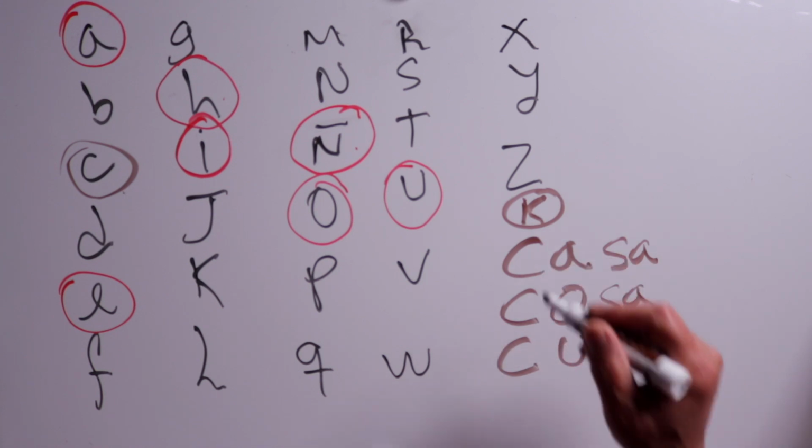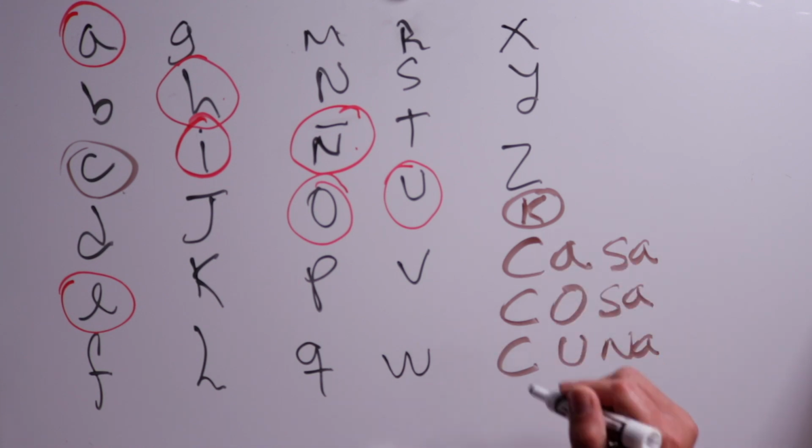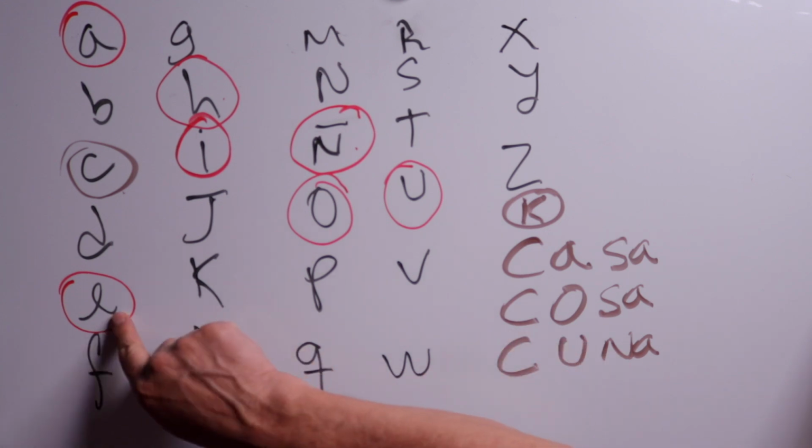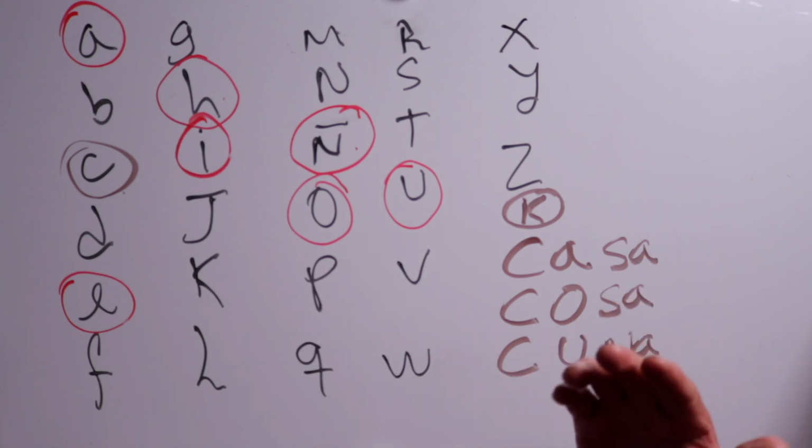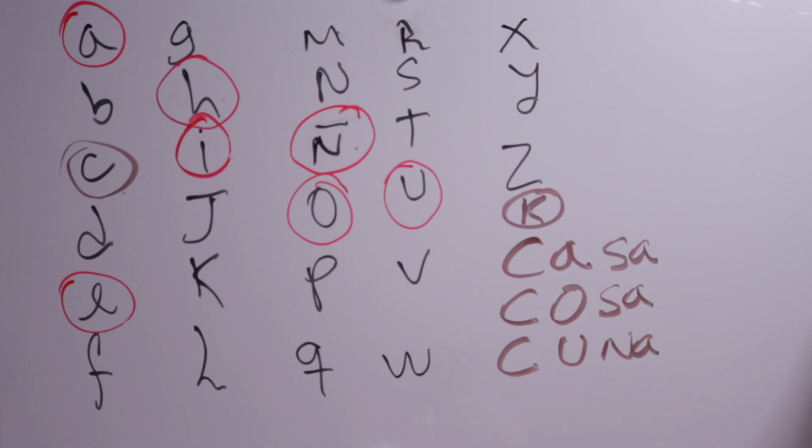In all these three words, the letter C sounds more like K. With the vowels E and I, the C sounds like the normal sound of C, cine or cena, right?